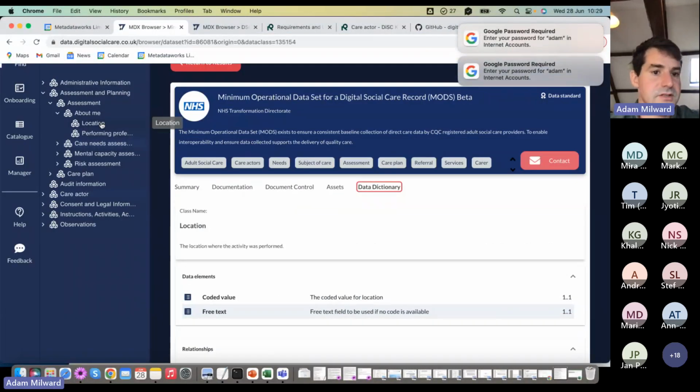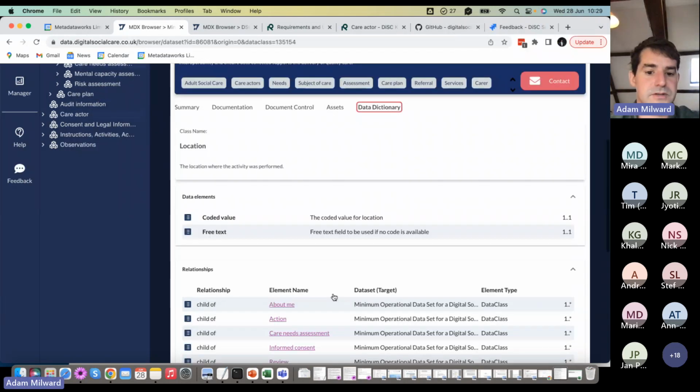Location is exactly the same. Do we need coding standard as well as the coded value? And I think we'll take the points from this session, which is around whether we should be linking those people important to me and qualifying those relationships and having those explicit relationships represented in the data, because at the moment, most of that is available as part of the narrative.